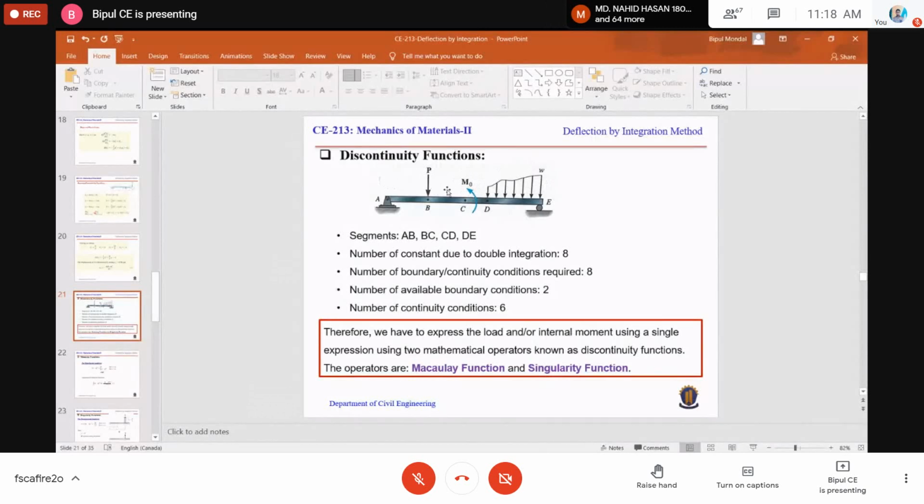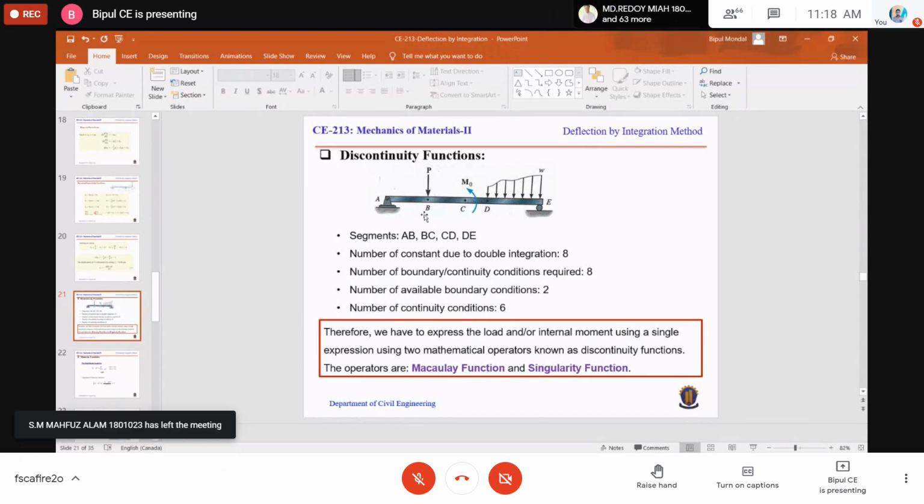So in that case, all forces will be in distributed force, or distributed load. So it will be easy to solve that problem. That means first of all, we will express all types of force into a single type of load.